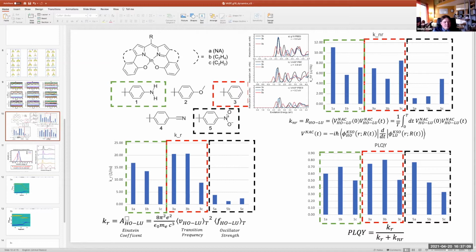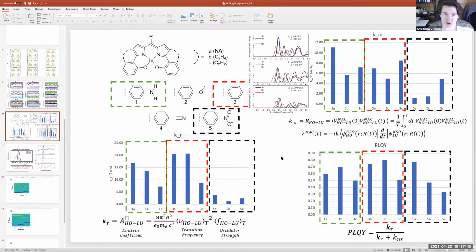Is it true that also 5A, 5B, and 5C are the most redshifted compared to the 1 and 2? Yes. Okay, so then it looks like this addition of conjugation on this position, shown with this dotted line, is really redshifting the lowest energy states with strong MLCT character.